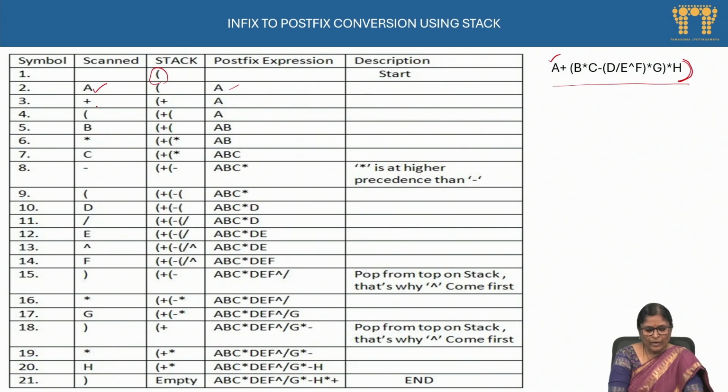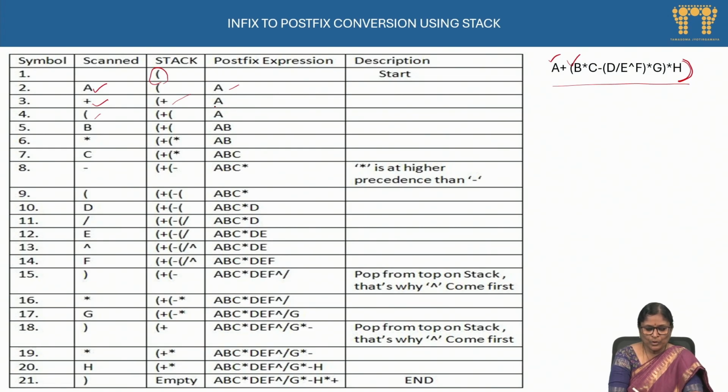So if an operator is encountered, you have to place it in the stack. So far you have a left parenthesis, and on the top of the stack you have a plus. The next symbol encountered is a left parenthesis. If a left parenthesis is scanned, you have to add it to the stack.